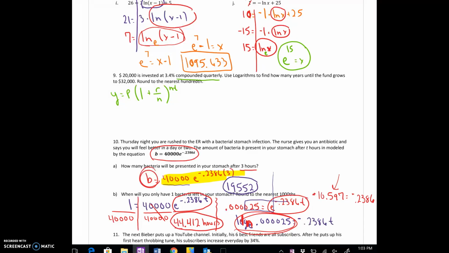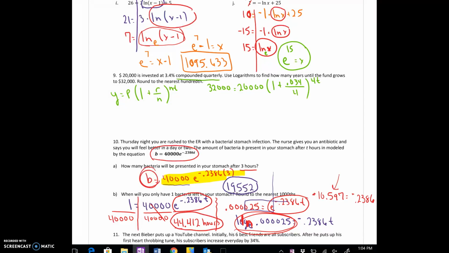So putting the different numbers into different spots, the 32,000 is the new amount, so that's going to be my y. The 20,000 is the original amount, that's the p. And then 1 plus my rate, 3.4%. Remember, that's 3.4 out of 100, so that's 0.034 as a decimal. My n quarterly is 4, and then my exponent n goes again, and I'll be trying to figure out what t is.